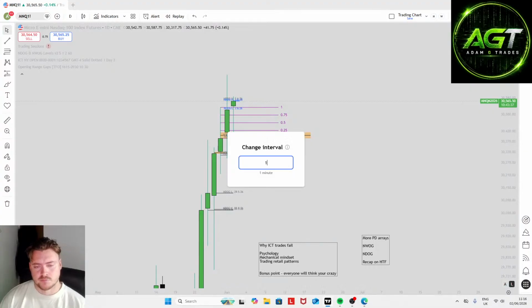But it comes down to the next one. So you could have taken your profit at the first one because it could potentially have reversed from there.